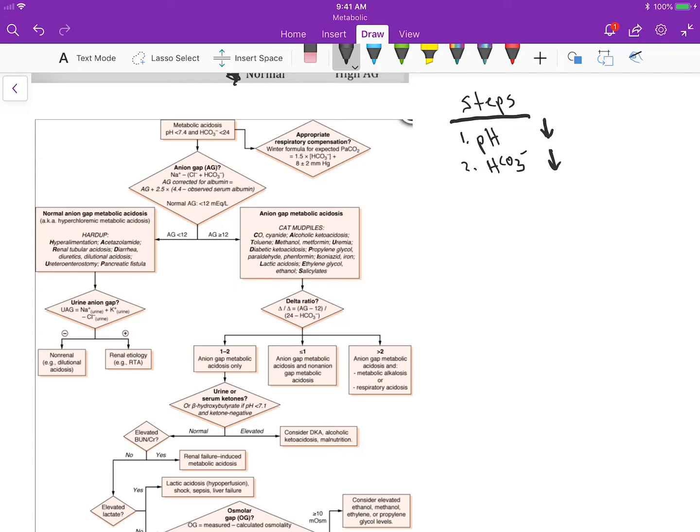Now the question is, what type of metabolic acidosis? There are two types. Number one is there's an anion gap, and number two is there's no anion gap. We've already explained the concept of electroneutrality and what the anion gap actually represents.